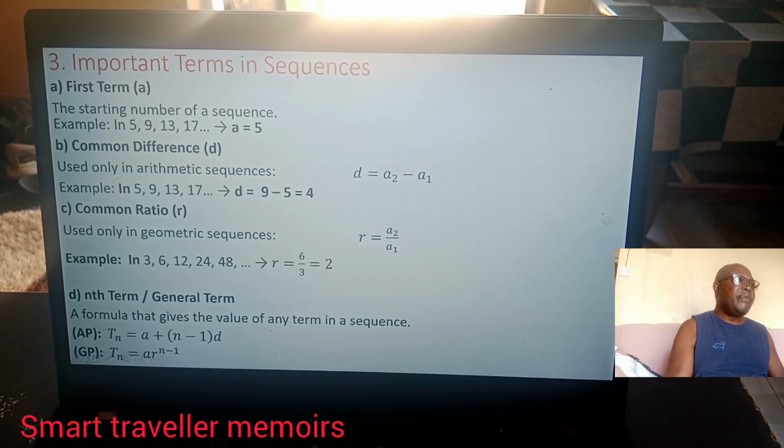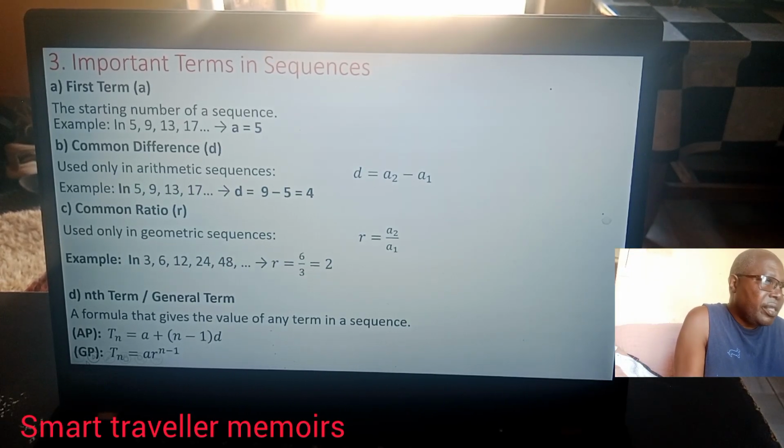B, common difference, or d, used only in arithmetic sequences. For example, in 5, 9, 13, 17, d is equal to 9 minus 5, which is 4. In fact, d is always given by the difference between two consecutive terms.